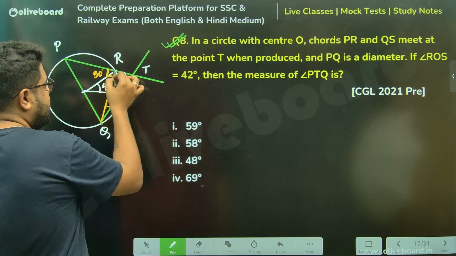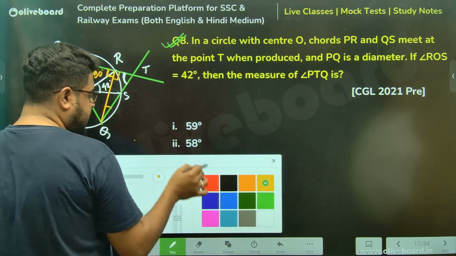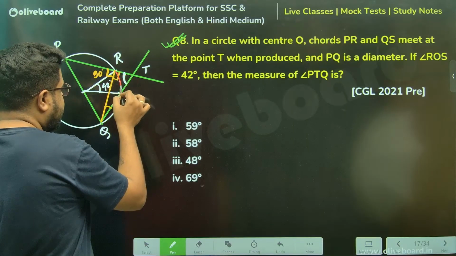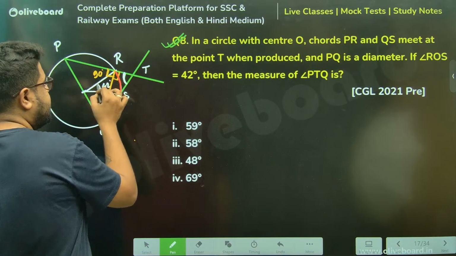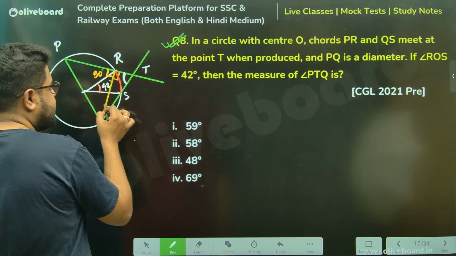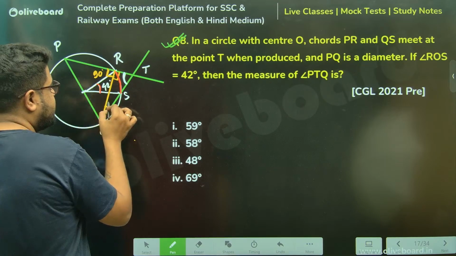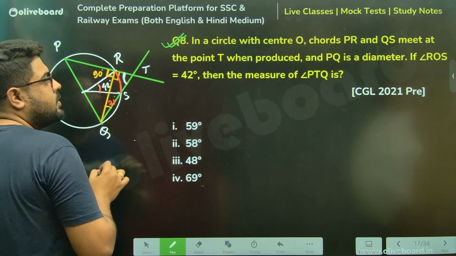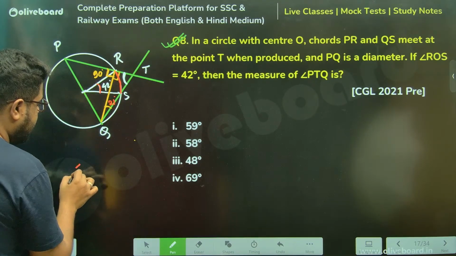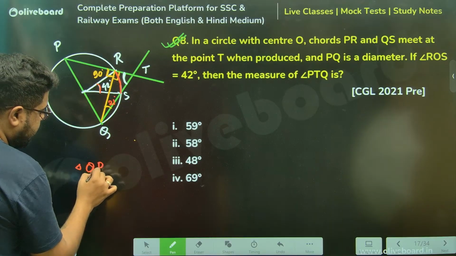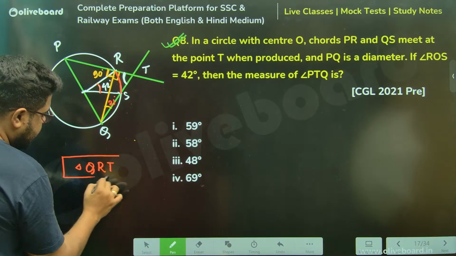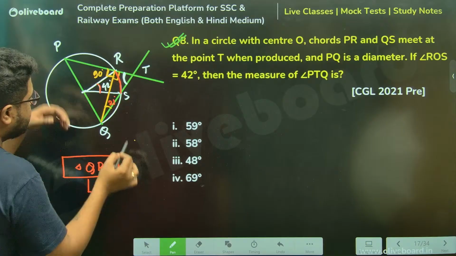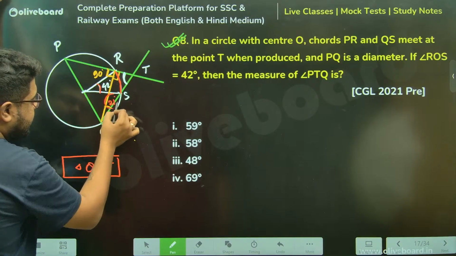Why? You see on this arc RS, I'm using another color. This is the central angle and this is the angle made on the circumference, so this will be half of this. Now take triangle QRT. One angle is 90 degrees, another angle is 21.